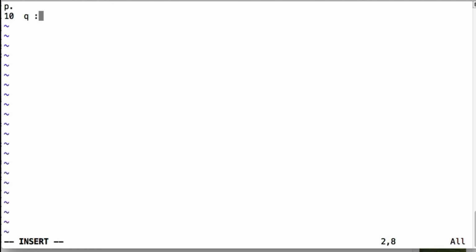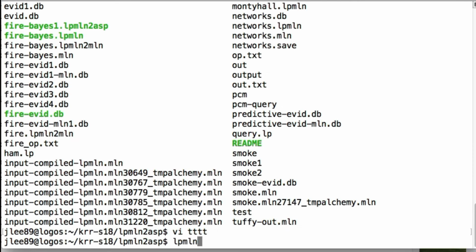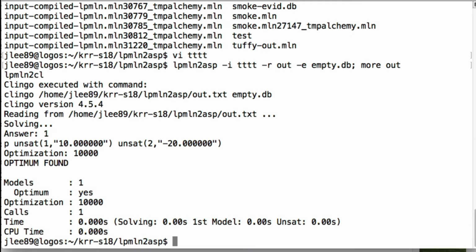So 10 Q if P times 20 Q. Okay. So this is LPMLN2ASP. Inside T minus out. Okay, so the answer is P.